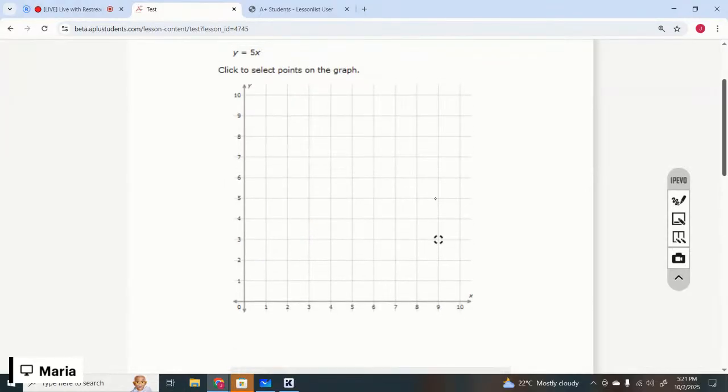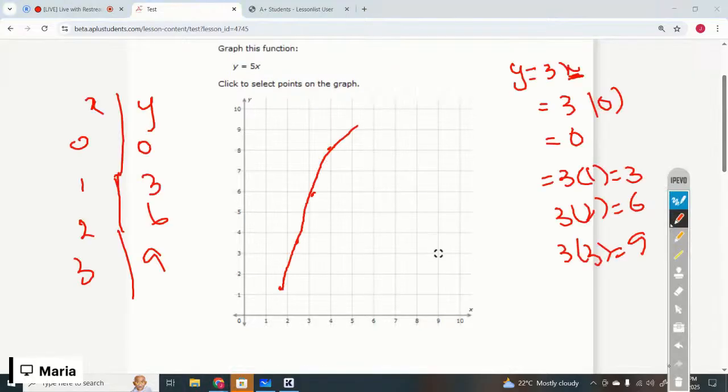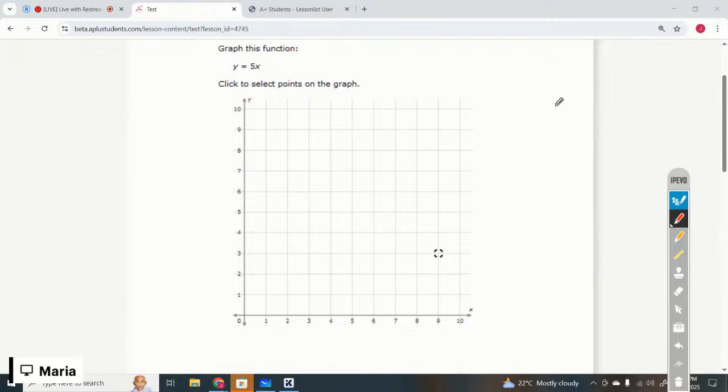Okay, y equals 5x. Let's make the table first and then we can plot them. X and y. When x is 0, y is 0 because 5 times 0 is 0. When x is 1, y is 5. X is 2, y is 10 because 5 times 2 is 10.